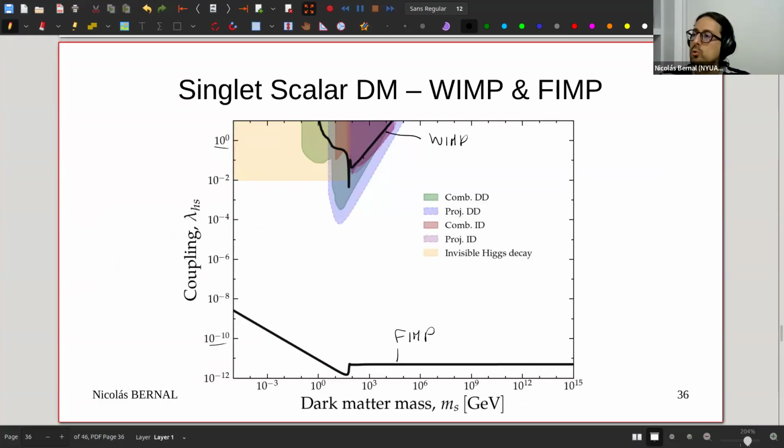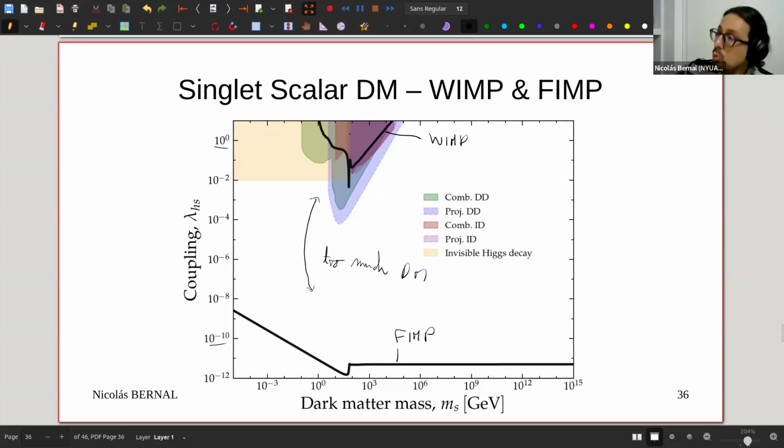So we have these two solutions corresponding to these two thick black lines. All this parameter space is not good because we are overproducing too much dark matter, and here above and below is not enough. So really, in the standard cosmological scenario, these two lines are the only viable parameter space.